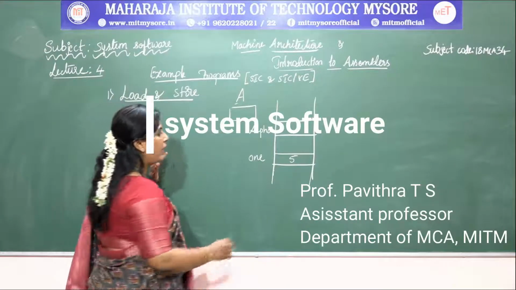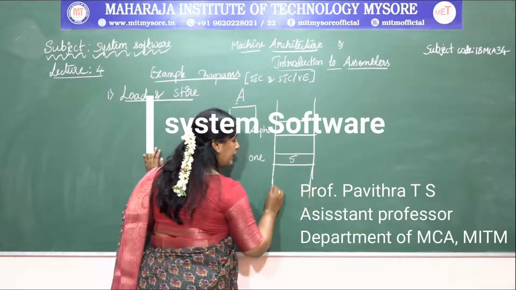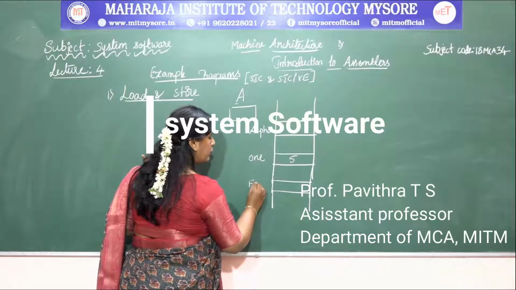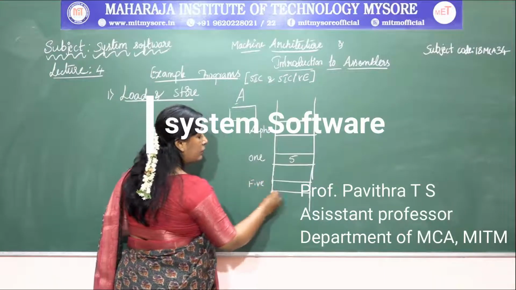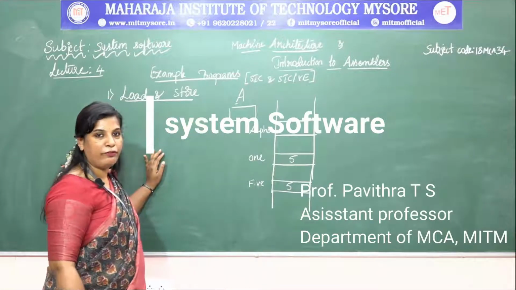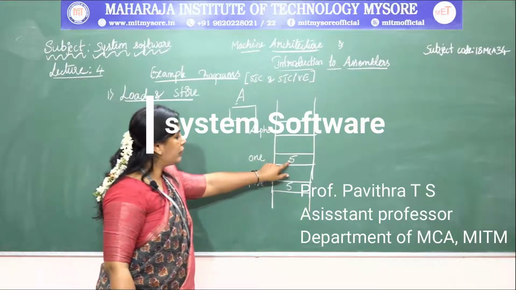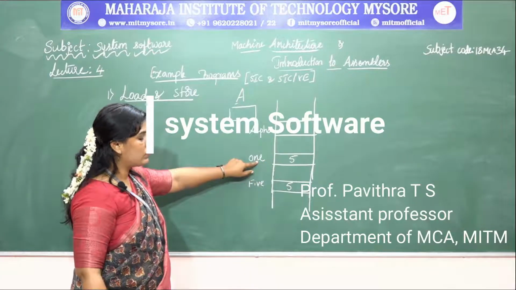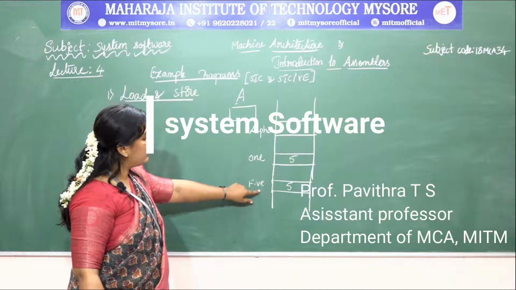In a similar way, I want to copy the same value from memory location 1 to another memory location, 5. I want to move the integer value from memory location 1 to memory location 5.